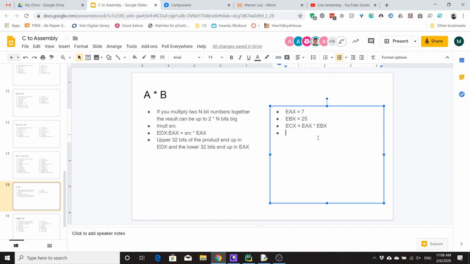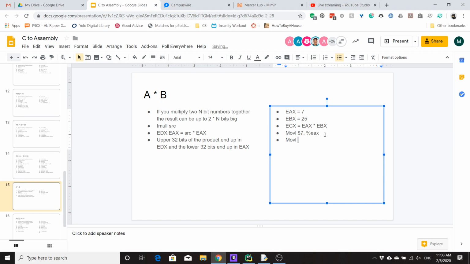The first thing we have to do is put the 7 into EAX, so movl $7, %EAX. What would happen if I didn't have this $ sign here? The instruction would go to memory at address 7, get the value that's there, and put it into EAX.